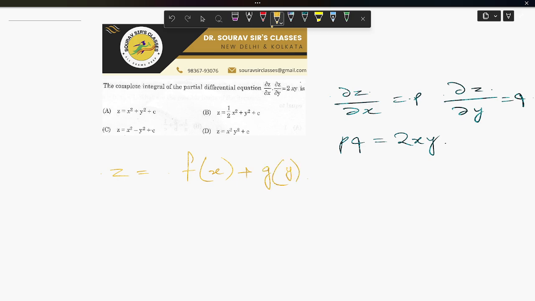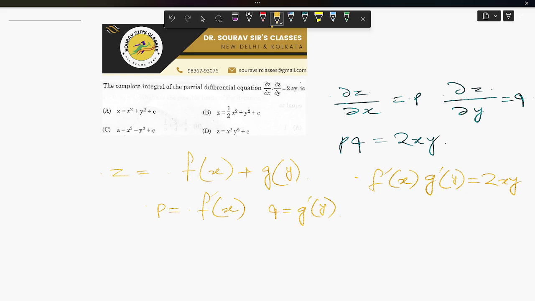Okay, so now our p is f dash x, and our q will be g dash y. So we can easily see that our pq will be f dash x into g dash y, that is equal to our 2xy.